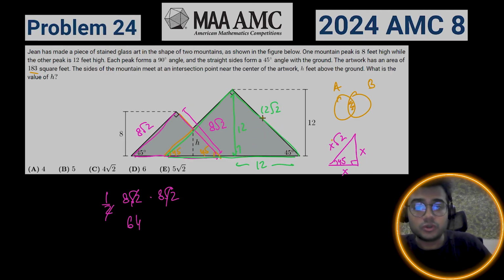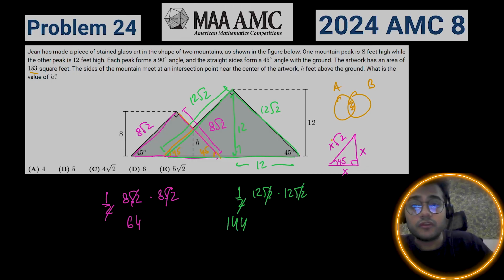Okay, so this is 12 square root of 2. This big green triangle is also 45, 45, 90. So this is also going to be 12 square root of 2. So the area, again, half base times height, is going to be half times 12 square root of 2 times 12 square root of 2. The square root of 2 and square root of 2 will multiply to give you 2, which will cancel out with this. So the answer is going to be 144.